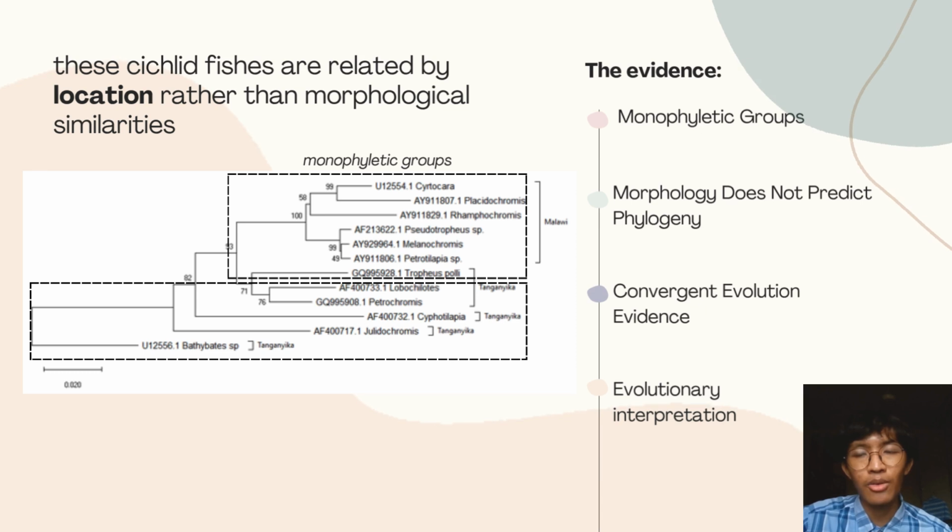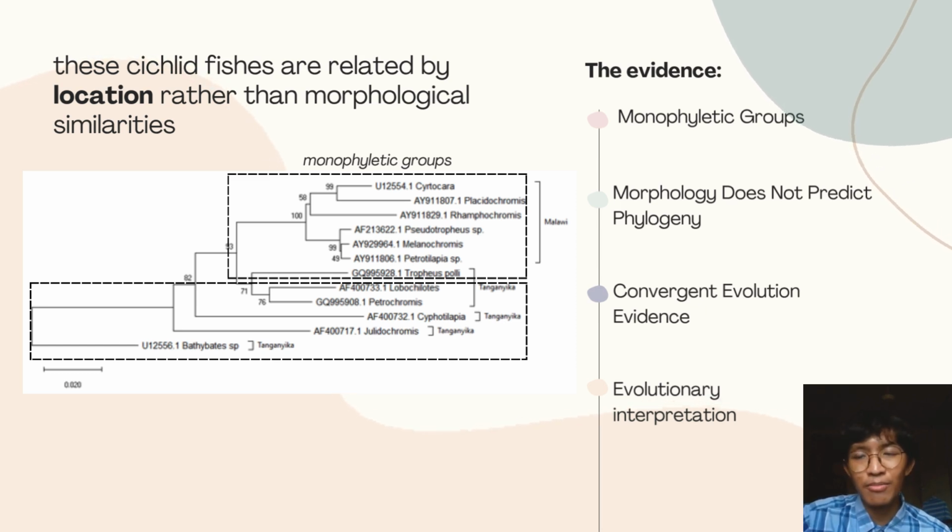The second evidence that I would like to present is that morphological similarities do not predict phylogeny. Even though they seem morphologically similar, the molecular phylogenetic analysis reveals otherwise.